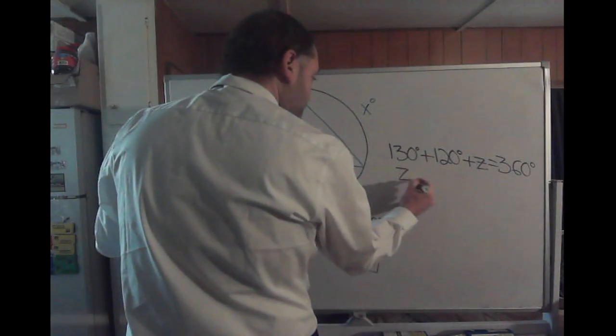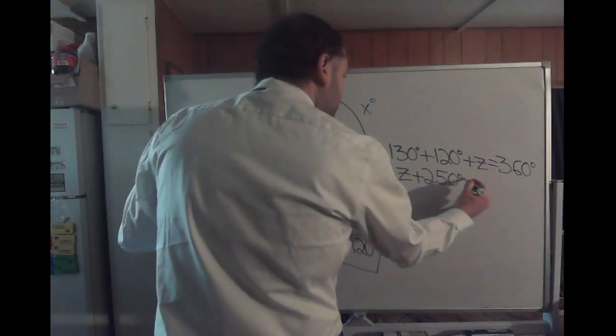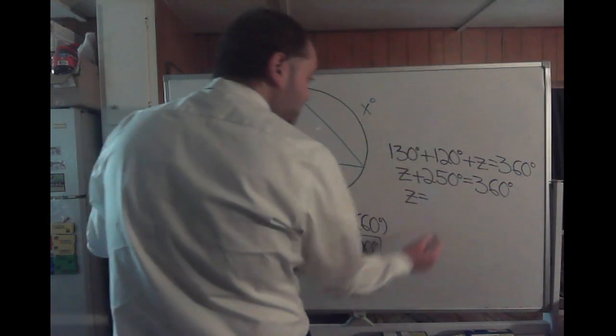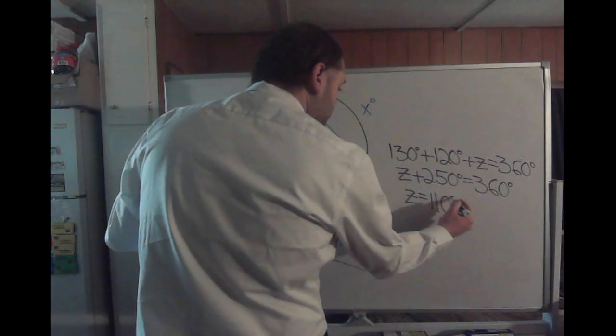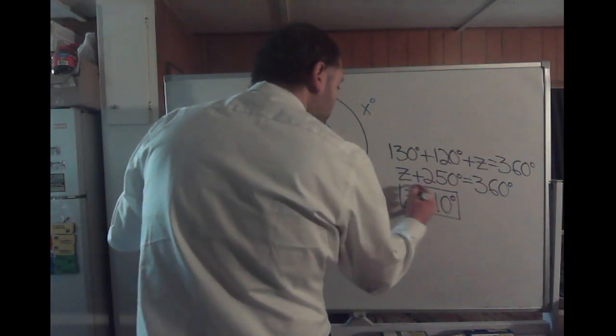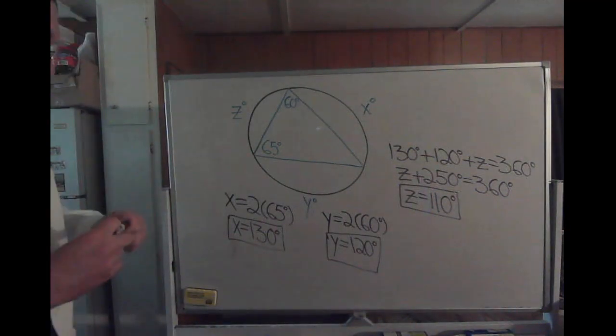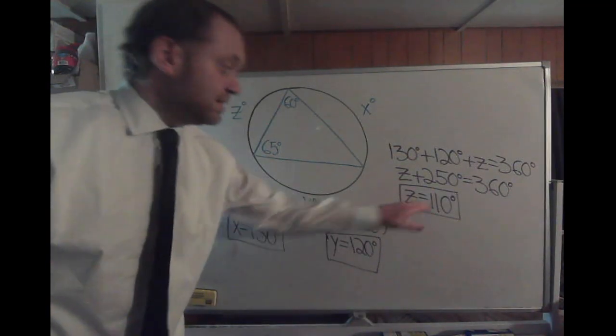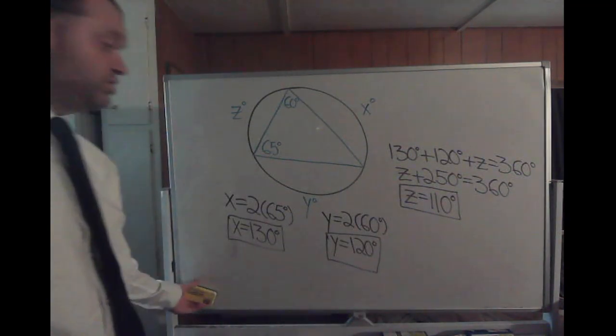Then z plus 250 degrees is equal to 360 degrees, which means z is equal to 110 degrees. So x would be 130 degrees, y is 120 degrees, z is 110 degrees. That's what you should get.